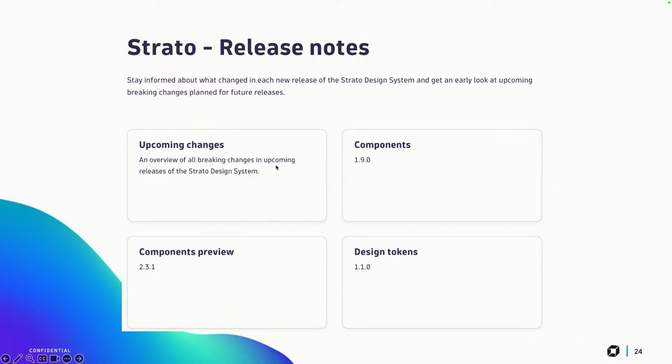And we also have the page about the upcoming changes. We are already in version 2.3.1 of component previews, but we already have some breaking changes in the pipeline. So check out the upcoming changes to know which are those breaking changes and know beforehand what you would need to change in the new major version.